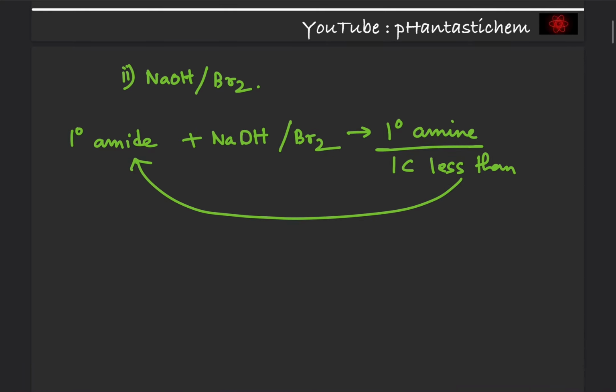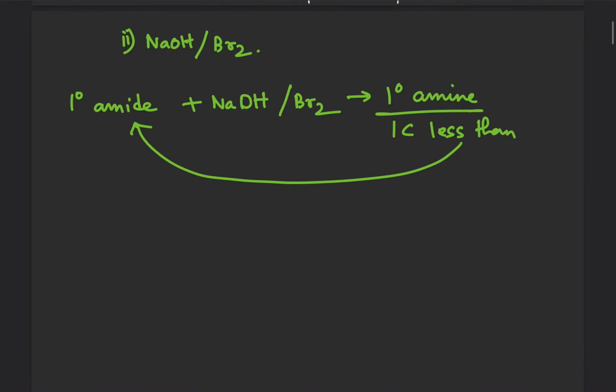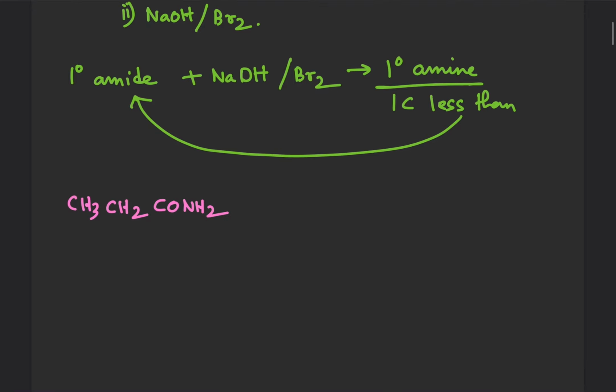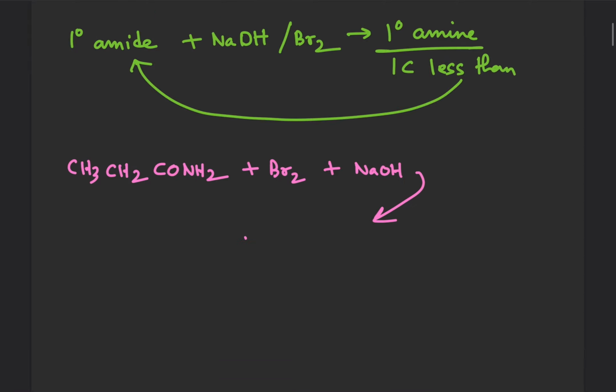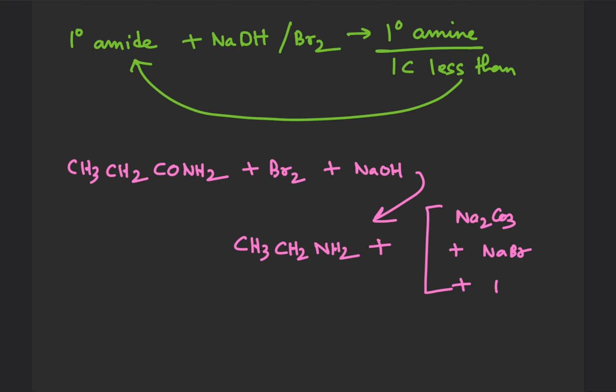With respect to the reaction, I can write CH3CH2CONH2 plus Br2 plus NaOH. So I will get CH3CH2NH2 plus side products Na2CO3 plus NaBr plus H2O.